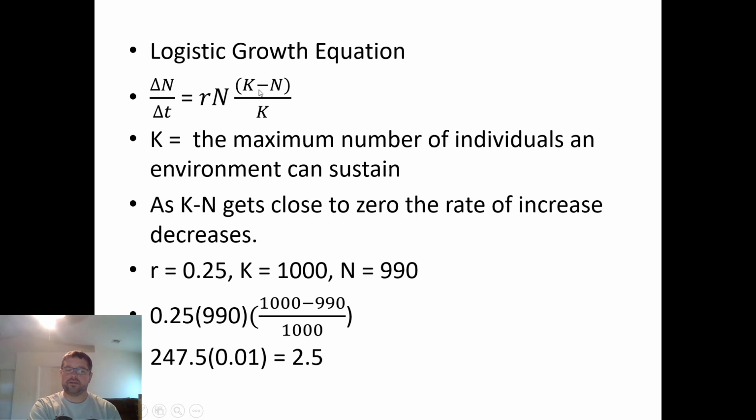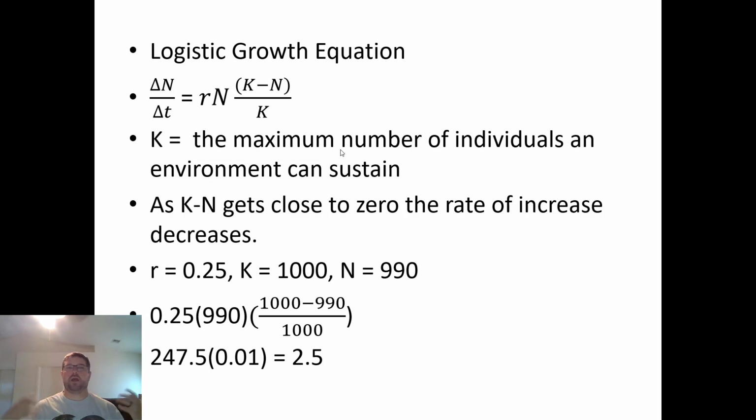If K and N are identical, so the population has met its carrying capacity, it will be 0. Then you have no growth rate because the population can't grow anymore, because it's met the maximum number of individuals the environment can sustain.